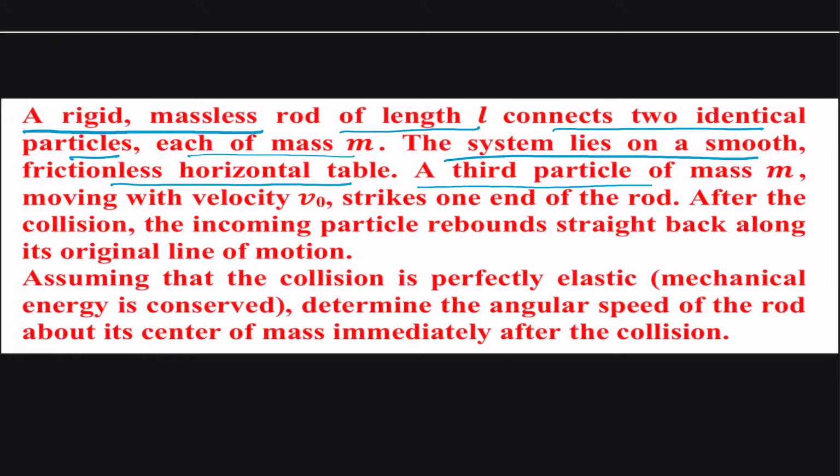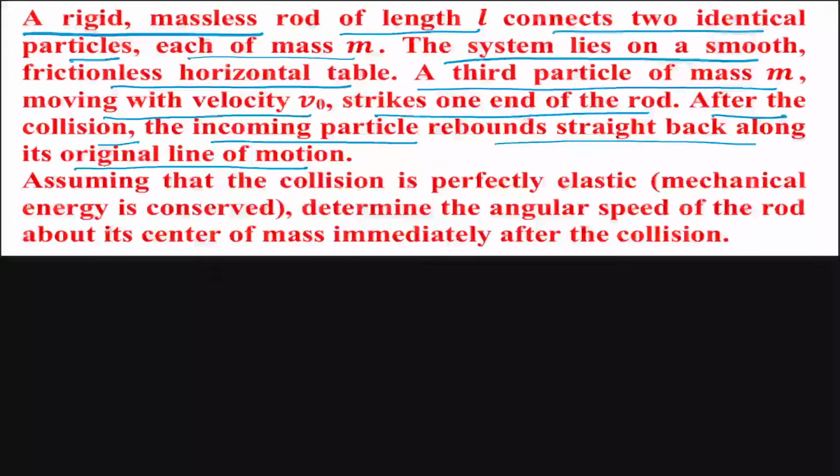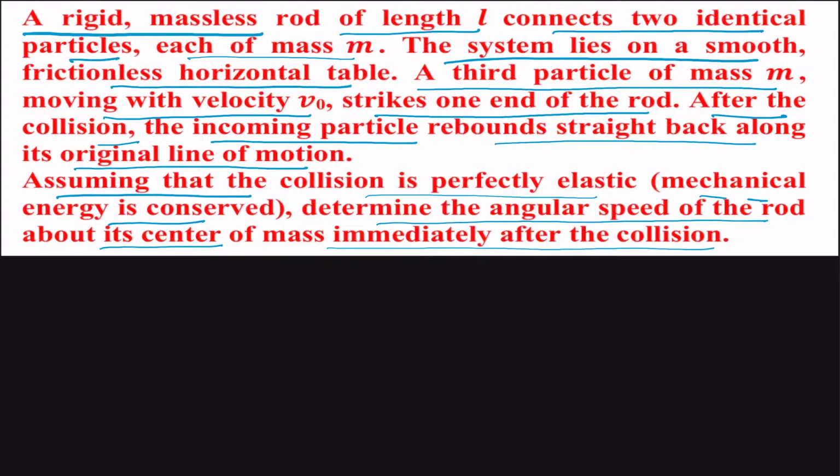A third particle of mass m, moving with velocity v0, strikes one end of the rod. After the collision, the incoming particle rebounds straight back along its original line of motion. Assuming the collision is perfectly elastic, that is, energy is conserved, determine the angular speed of the rod about its center of mass immediately after the collision.